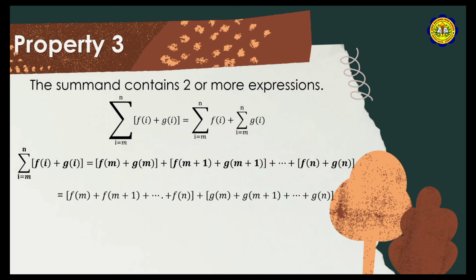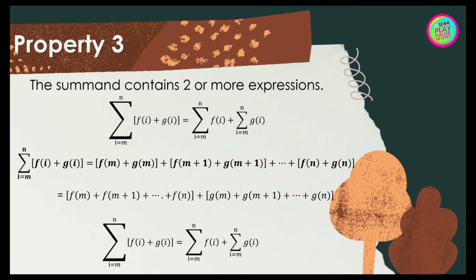Combining like terms, this is f of m plus f of m plus 1 up to f of n, plus g of m plus g of m plus 1 up to g of n, which is the summation of f of i from i equals m to n plus the summation of g of i from i equals m to n.